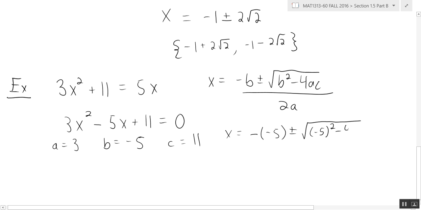And then minus 4 times A times C. So that's 3 times 11. So we've got to be careful there. So I had negative 4 times 3 times 11 all over 2A. So 2 times 3.